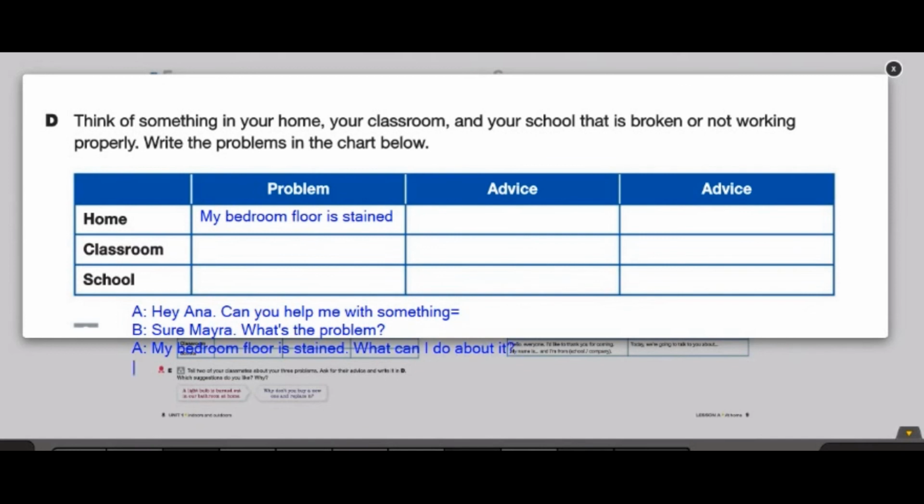And then person B will give advice using the expressions we learned yesterday. For example, remember? Have you thought about calling an expert to clean it for you?